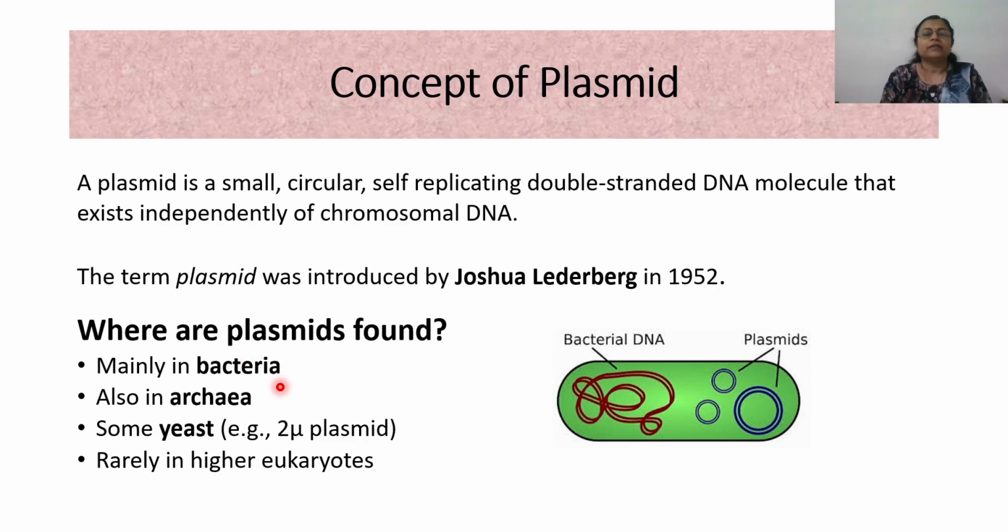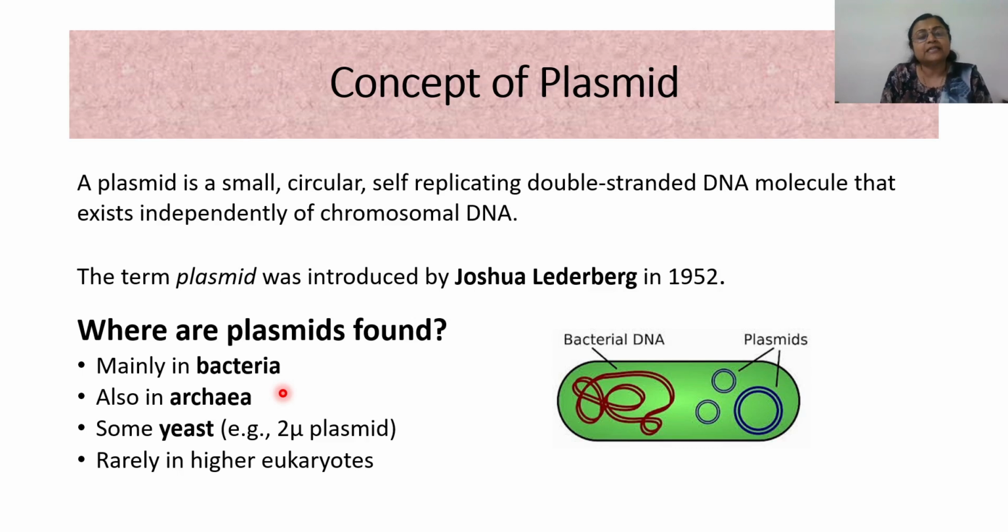They also have the ability to transfer these genes through conjugation, by formation of a conjugation bridge, and because of the presence of such plasmids, bacteria can adapt quickly to environmental stress conditions.